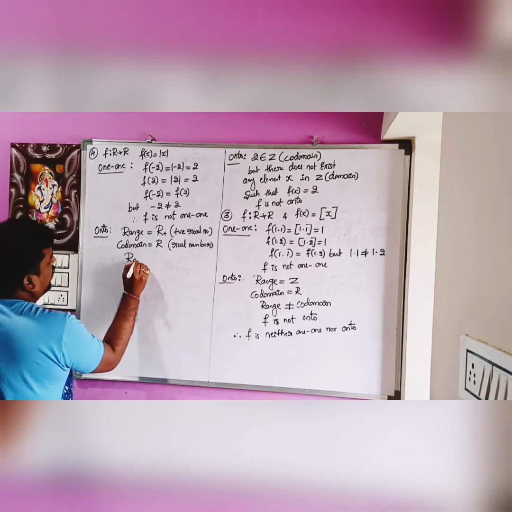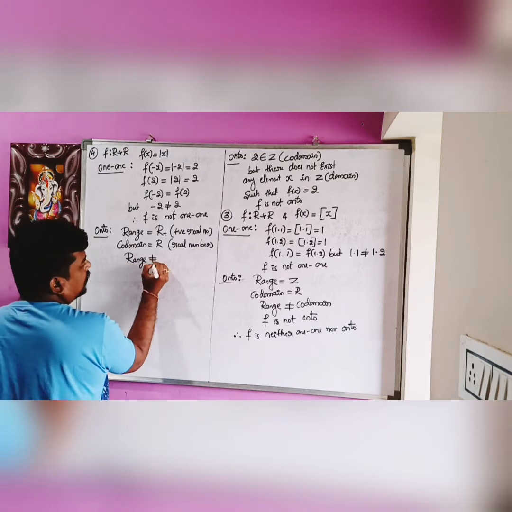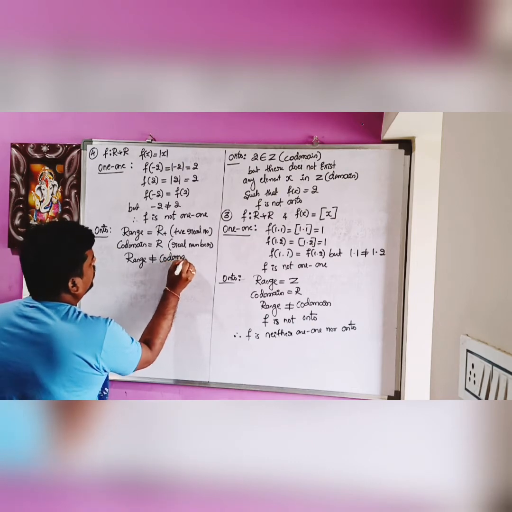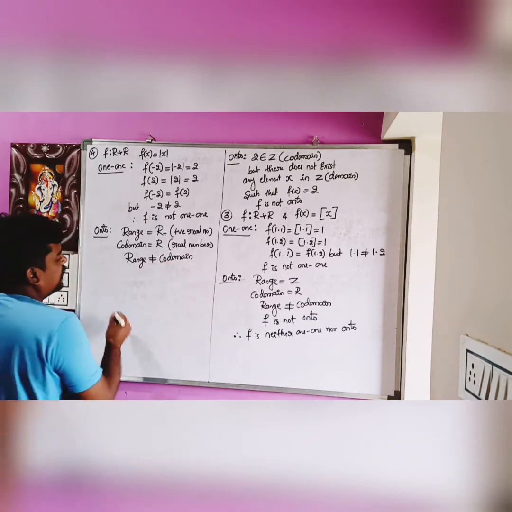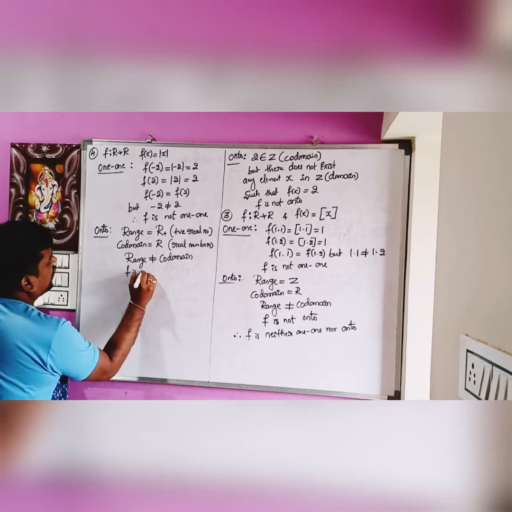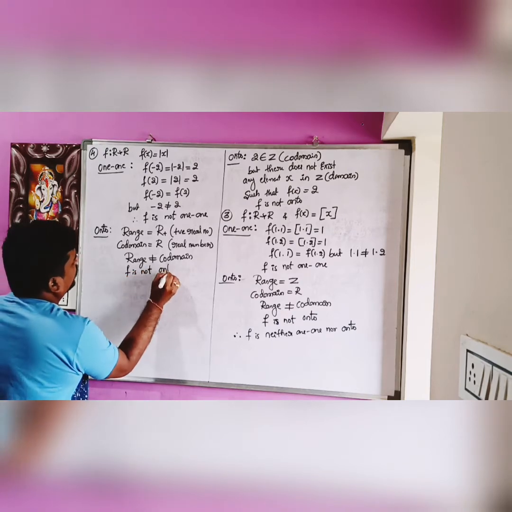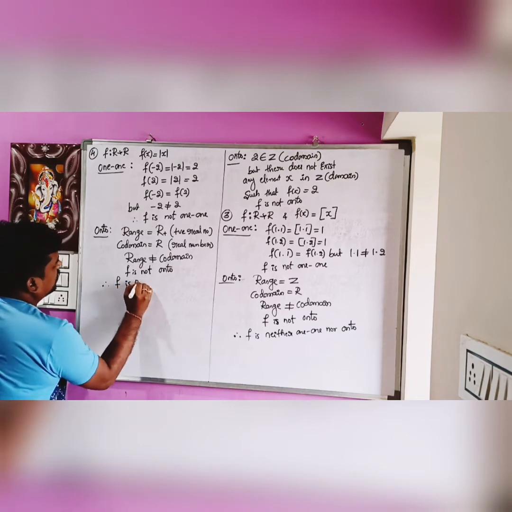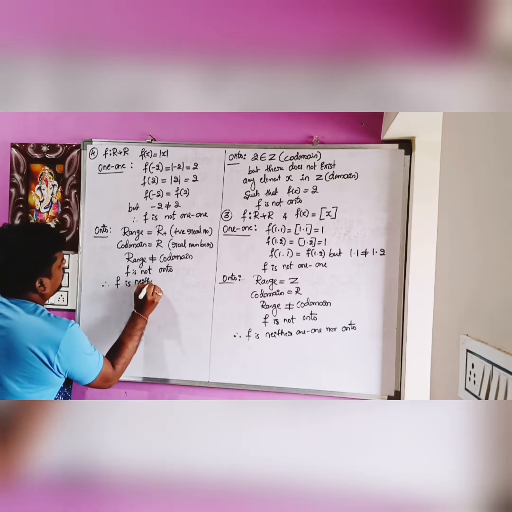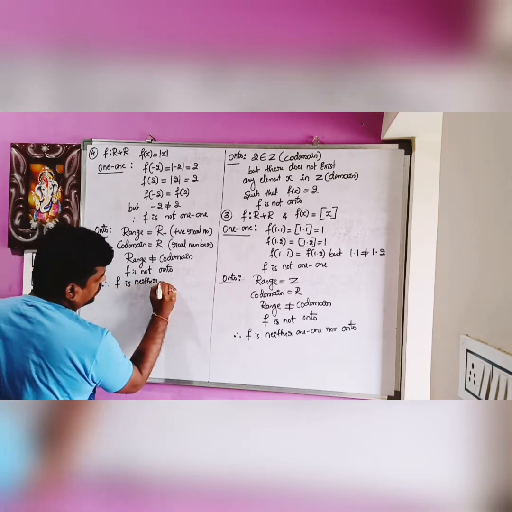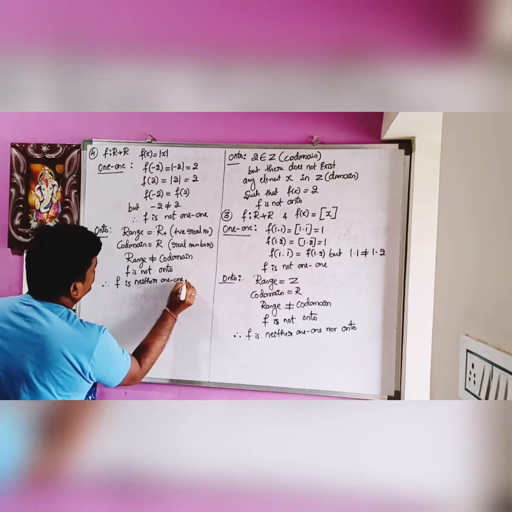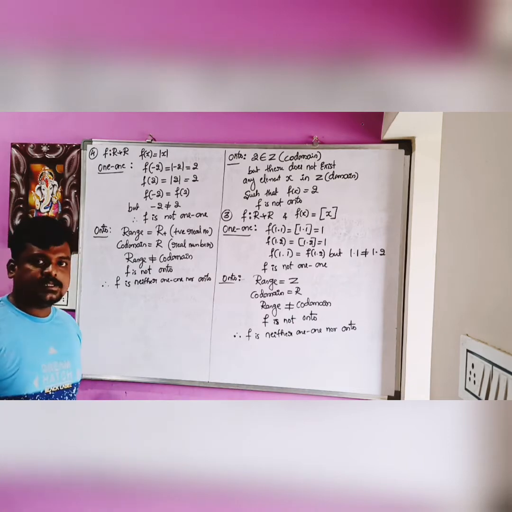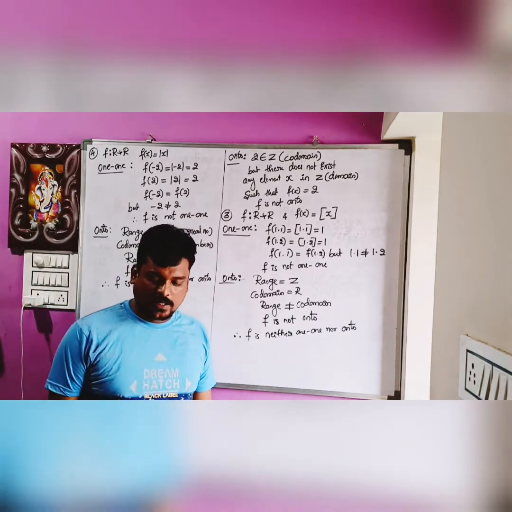This means the range is not equal to the codomain. If these two are not the same, then f is not onto. Therefore f is neither 1-1 nor onto. F is neither 1-1 nor onto function.